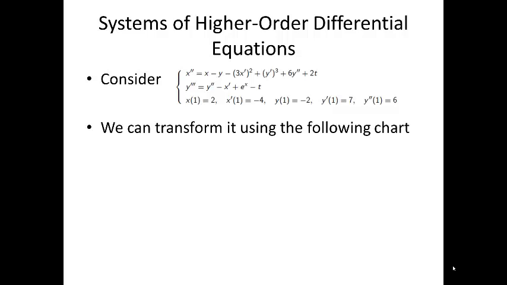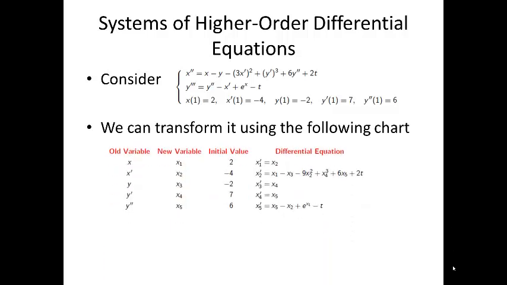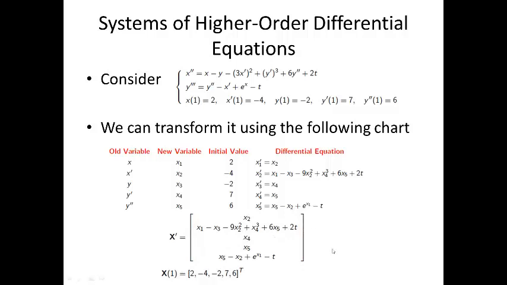We use a chart and transform the equation using the 5 new variables x1 through x5. And as a result, we can get the following first order system of differential equations. X prime is equal to this vector with the initial condition vector. We can also do similar work with autonomous systems of ordinary differential equations.